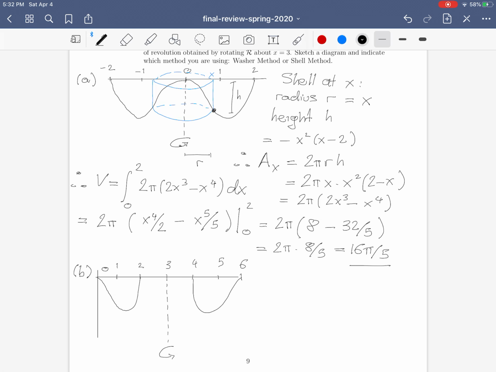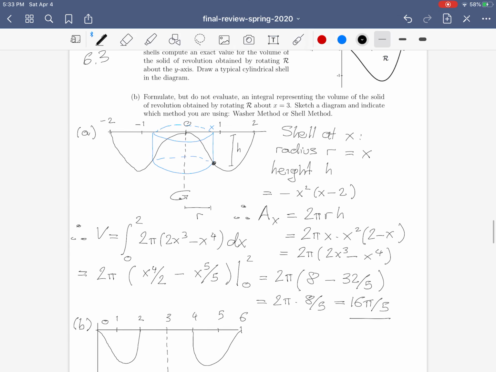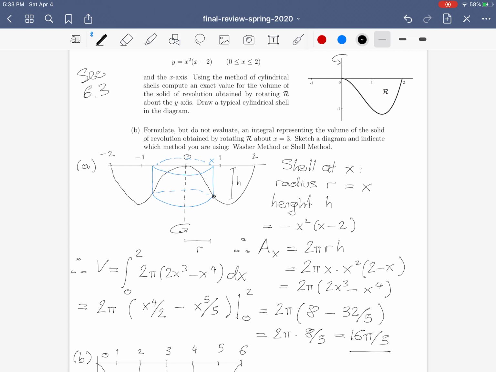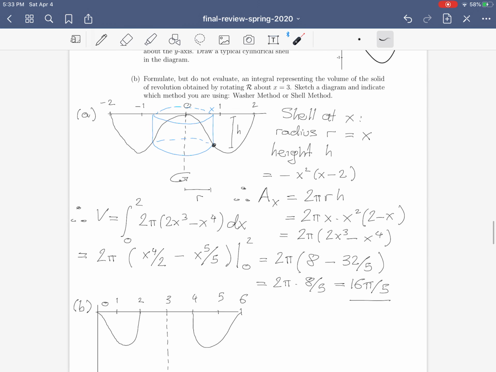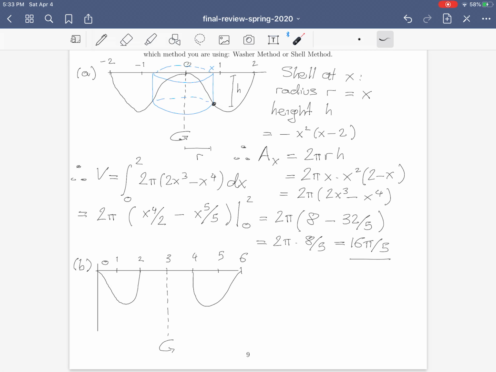Now we want to set up the integral. We're asked whether we should use the shell method or the washer method. And what you notice here is that because we've been given the curve in the form y is equal to a function of x, and because we're rotating around a vertical axis, we're going to use the shell method.